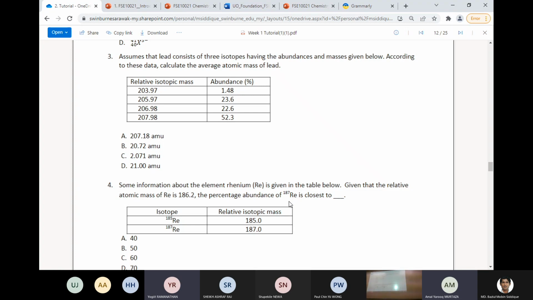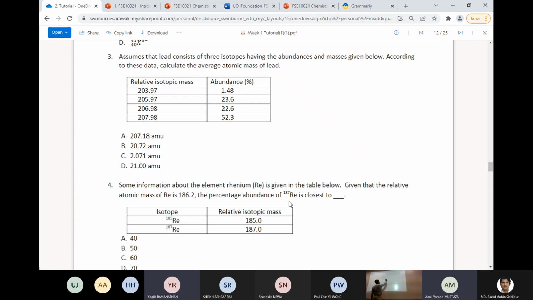We multiply this one plus this one, and this one, and then we get a number.